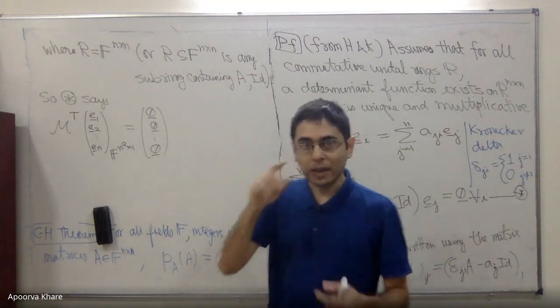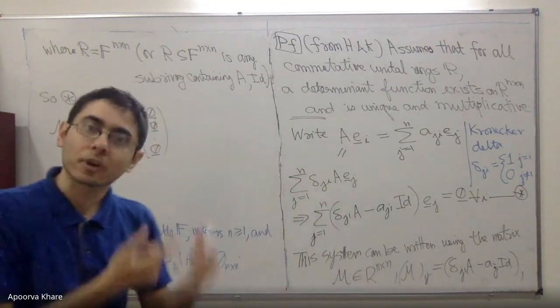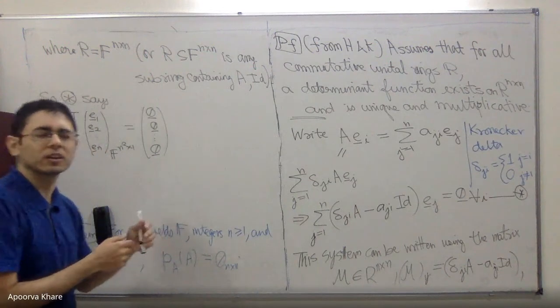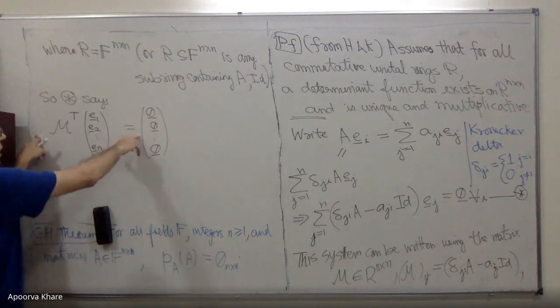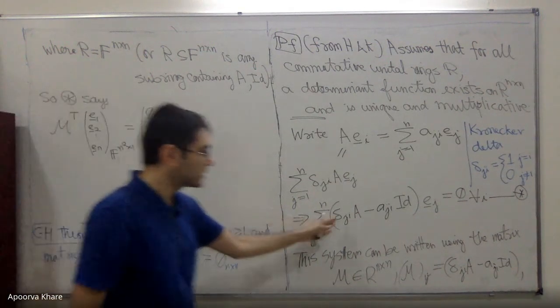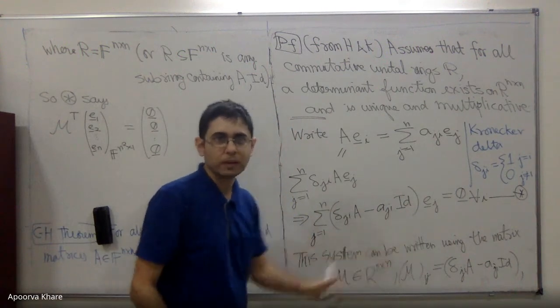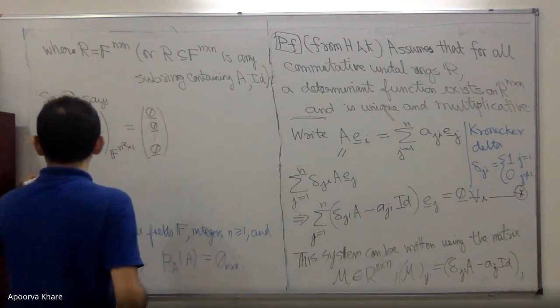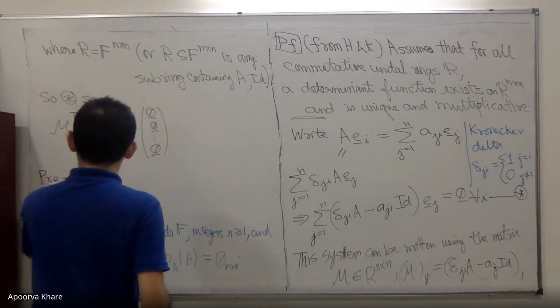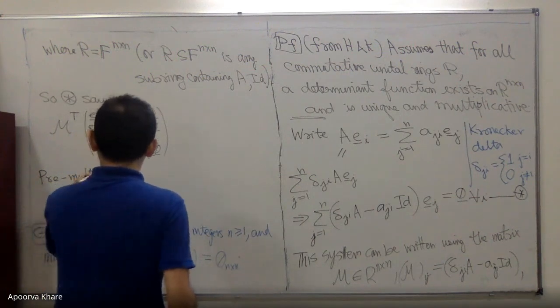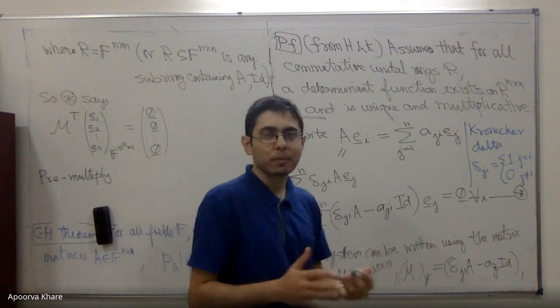And now I can multiply by the adjugate of M transpose on both sides, pre-multiply. These are just again applying some linear transformations to this business. Right, so I'm not multiplying really by a matrix.